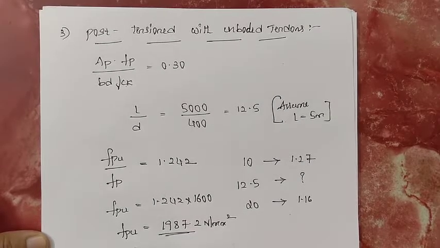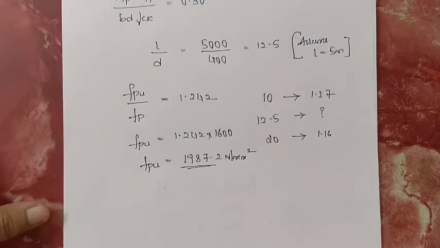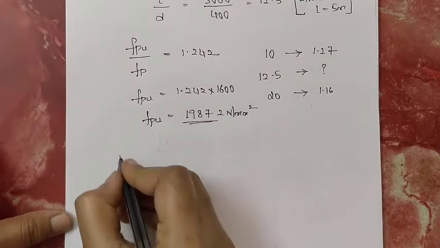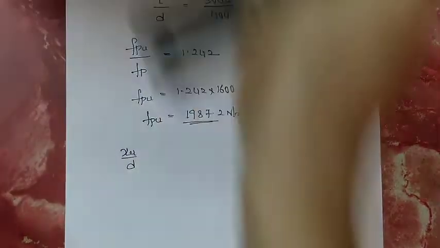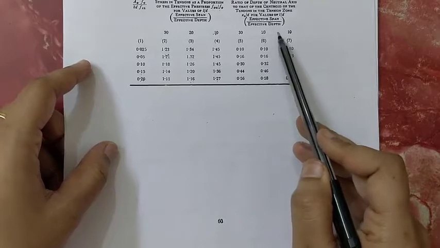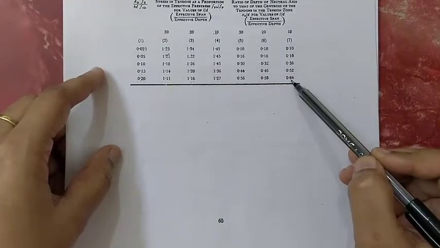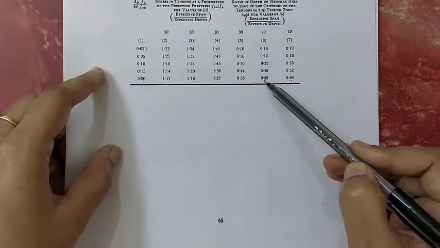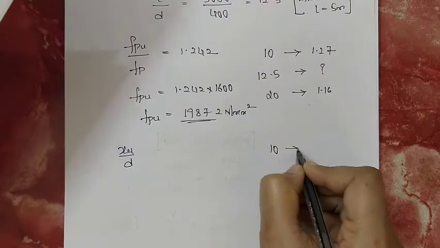Similarly, you need to calculate the XU by D ratio for the same L by D ratio of 12.5. 12.5 is not there, you need to interpolate it. For 10 it is 0.64, for 20 it is 0.58.